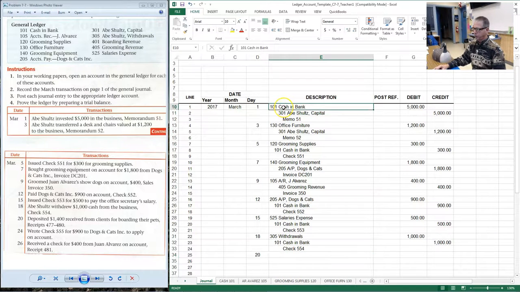So I'm going to copy this debit to cash right here. Put it here. Revenue. I'm going to go ahead and type this one out. This is 401 boarding revenue.